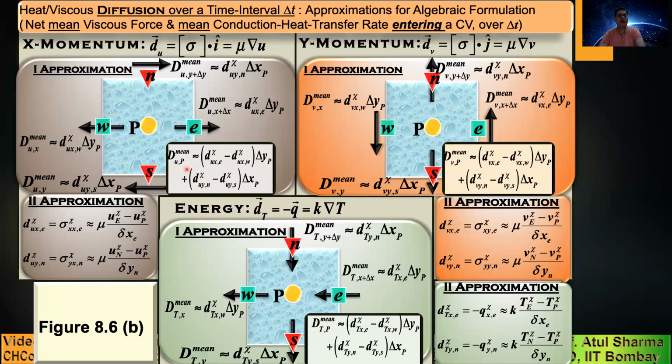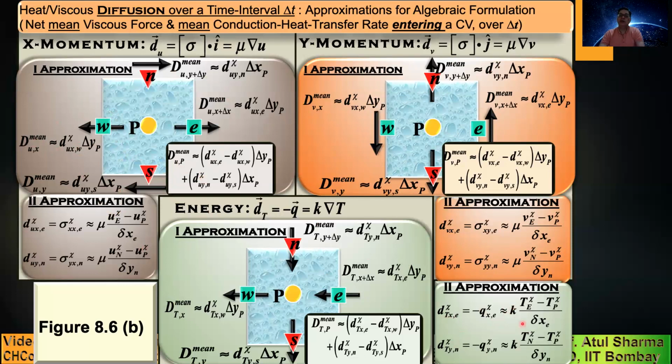So these are the first approximation, corresponding to the viscous forces acting in the positive x direction. Here these are the viscous forces acting in the positive y direction. Note that the second approximation is the piecewise linear approximation corresponding to the central difference. And since the diffusion flux for energy is minus q, note that in the second approximation there is no minus k, it is plus q.